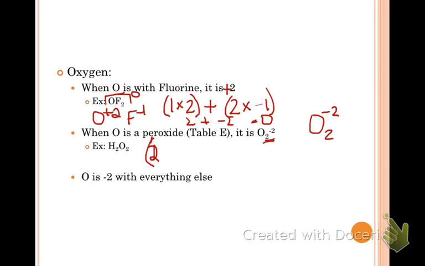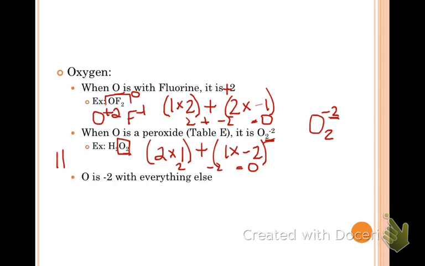Since hydrogen's with a nonmetal, each one is going to be a +1 charge, so +2 total. Now, yes, it is O2, so there's actually just one O2 listed right here. And that's where it gets a little funny, don't worry about it. That's going to be a -2 charge. So here we have a +2 and a -2. Overall, that should be equal to 0, and that's good.